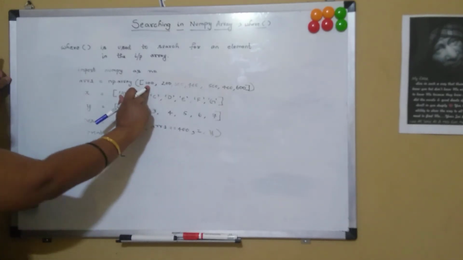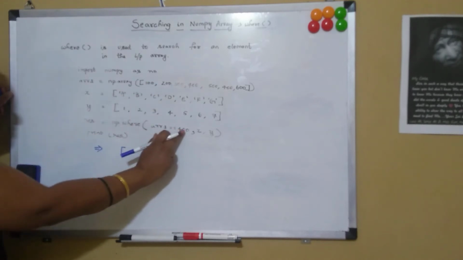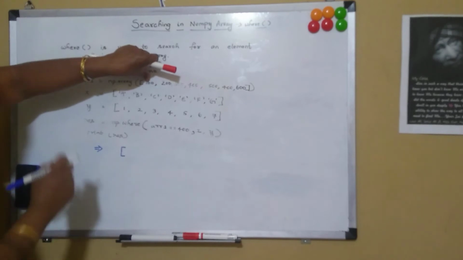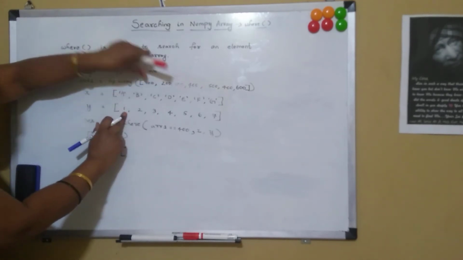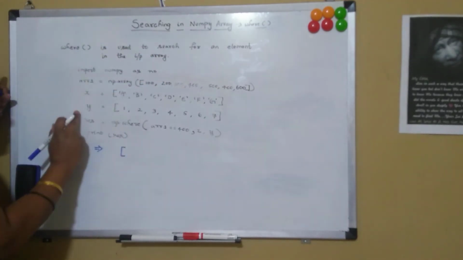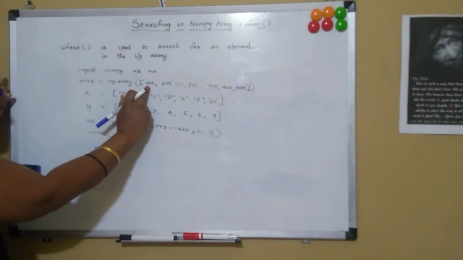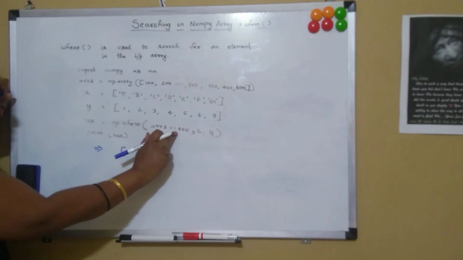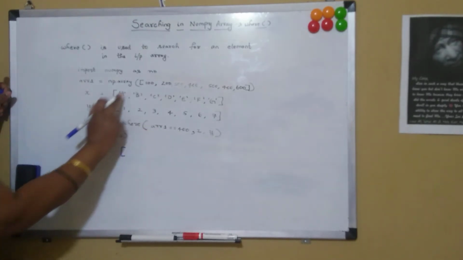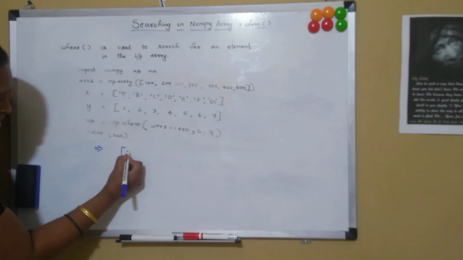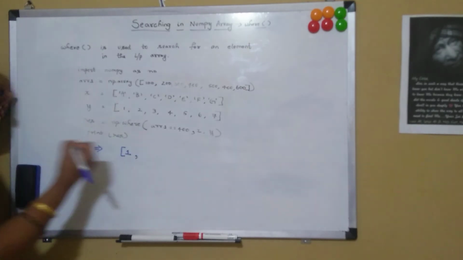Initially it will check for 100. 100 is not equal to 400. So the first element corresponding to the y list will get printed, because if the condition is satisfied, it will take from x. Here the condition is not satisfied. So it will take the first value corresponding to it in the y list. So it will print 1.